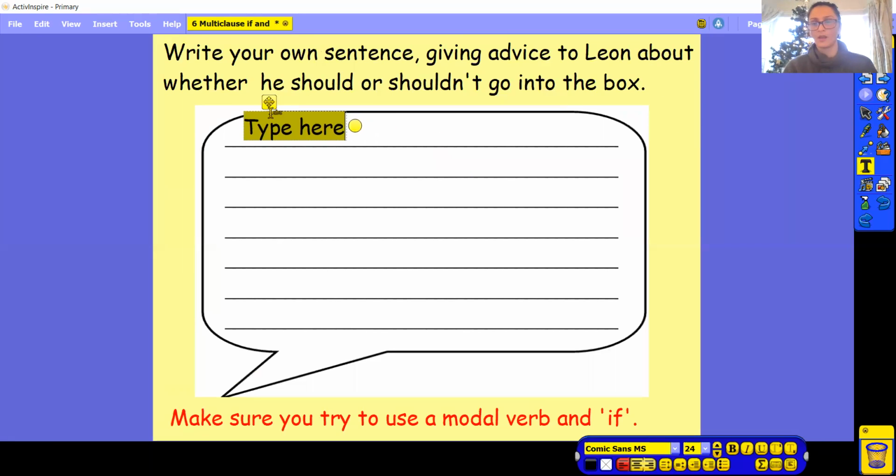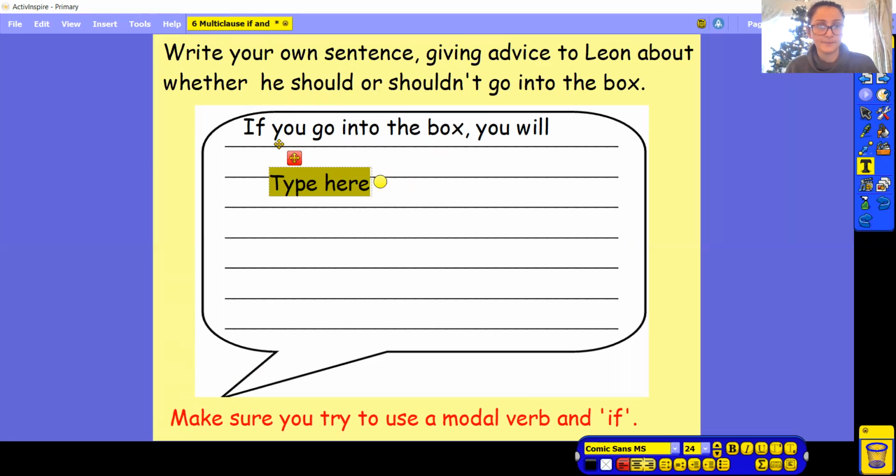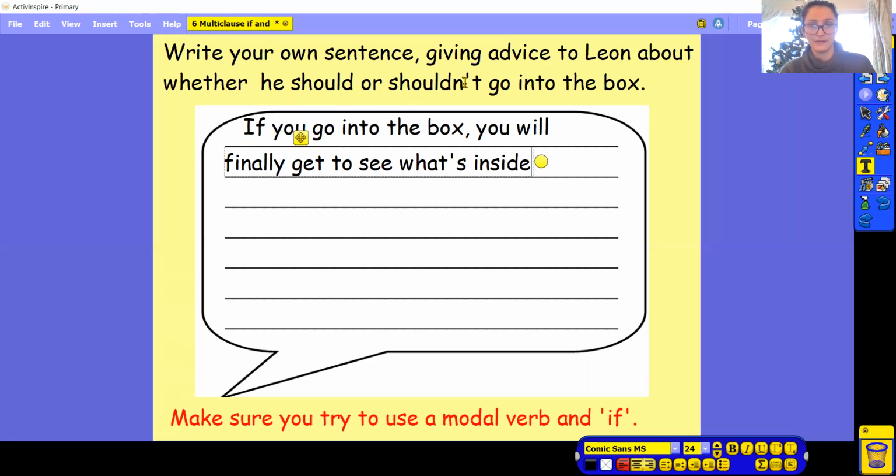If you go into the box, you will finally get to see what's inside.